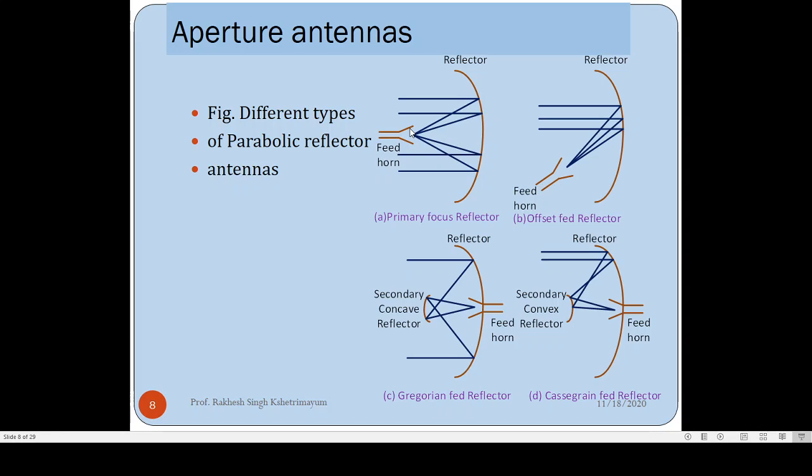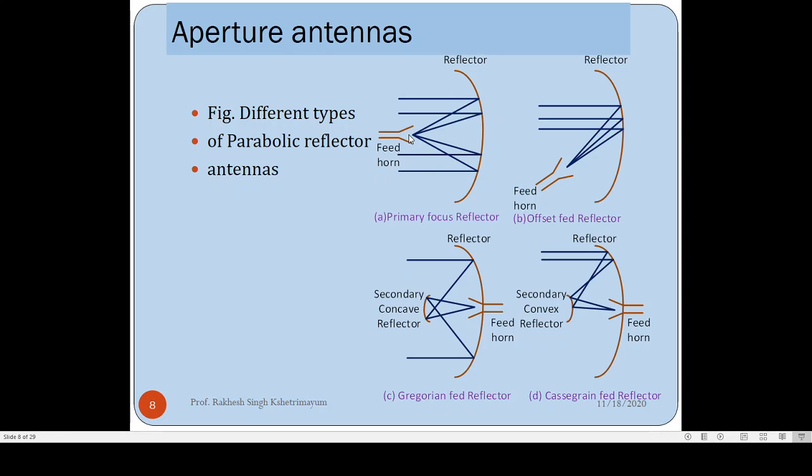That is called blockage. We'll see later what the blockage efficiency of the parabolic reflector antenna is. When I put a feed horn antenna, it is of finite dimension, so any rays that get reflected back along this path will be blocked by the feed horn antenna.